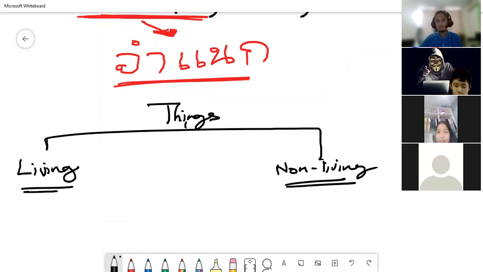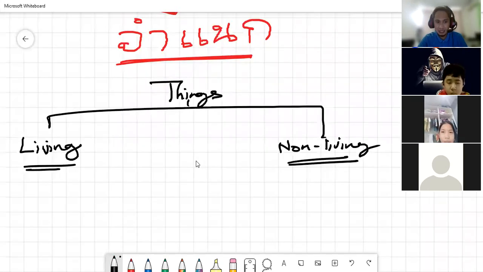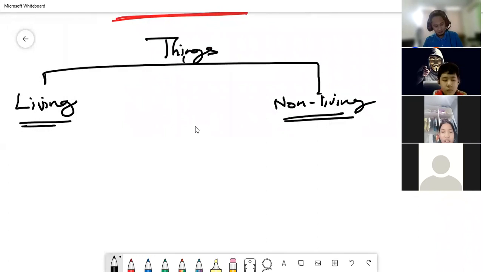Non-living things means ไม่มีชีวิต. Is a duck toy living? No, non-living. Okay, we can classify things into living and non-living things. Tanapon, give me an example of living things.